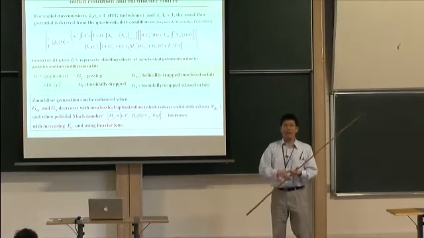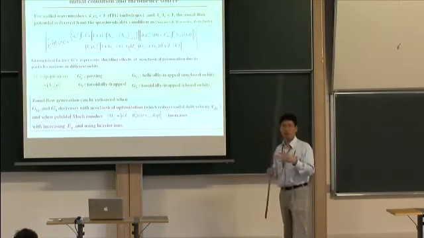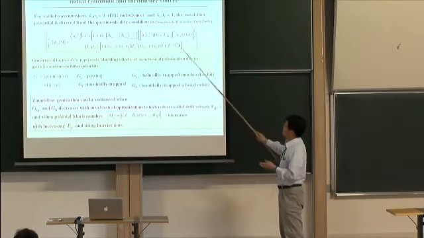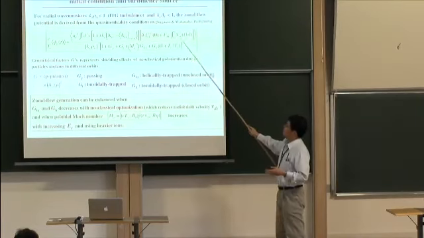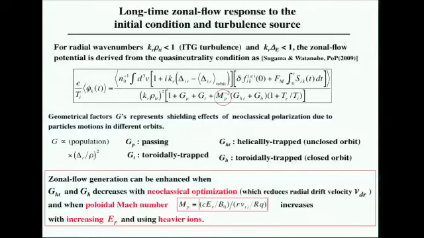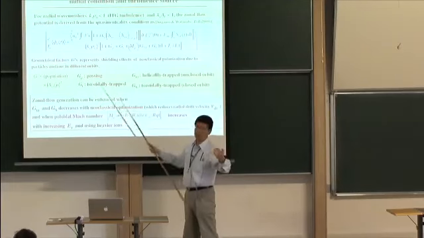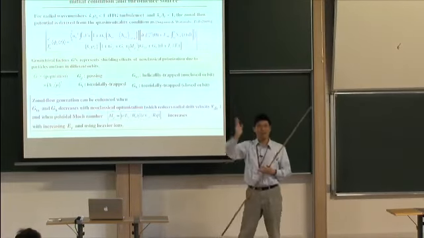And if you have damping, and also, I think this is not always positive. So even if you have no damping, the zonal flow would be increasing monotonically.